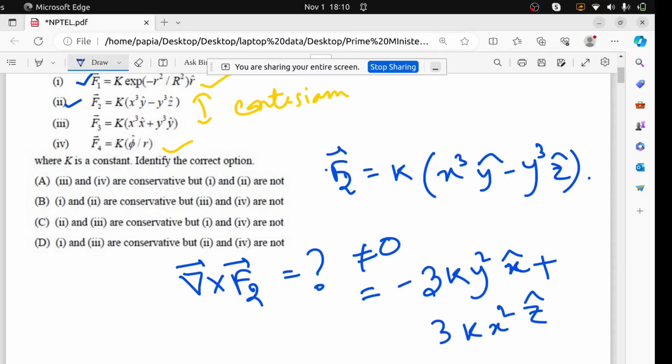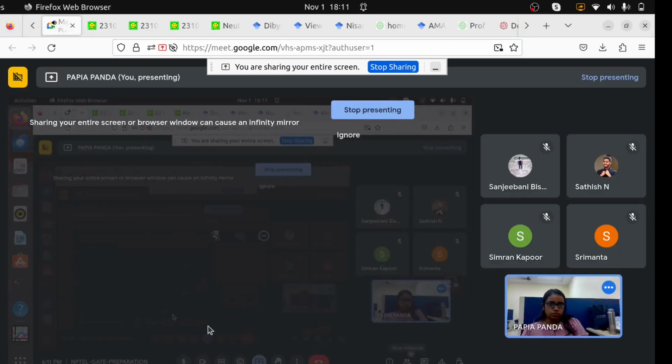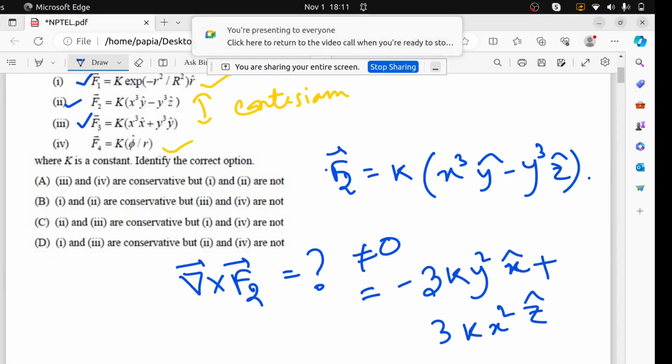This one. Okay, now can you calculate this one? See, this is the very simple one, only the plus is there. But x and y is there. Okay, something is there in chat box. So that means our second one is not conservative.